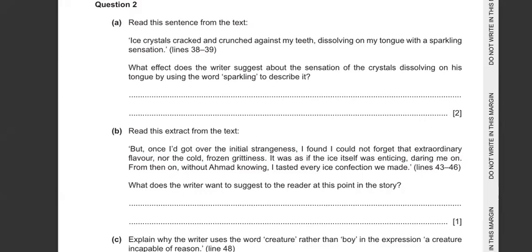So here we have to point out the effect that the writer is suggesting. It suggests that the ice felt exciting, magical, and delightful, just like a celebration. So the effect that is being created is of enjoyment. I am just going to write down the context.